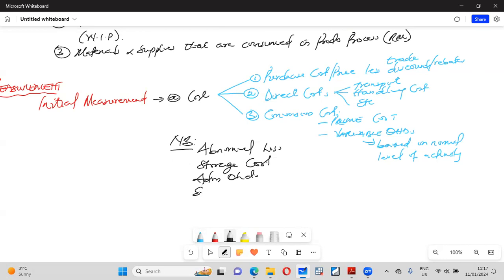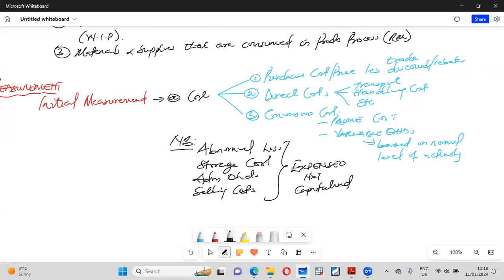Selling costs are not part of the cost of the asset. So all these things are expensed in the P&L, not capitalized. Please take note of that. So that is what you need to understand about the initial measurement.